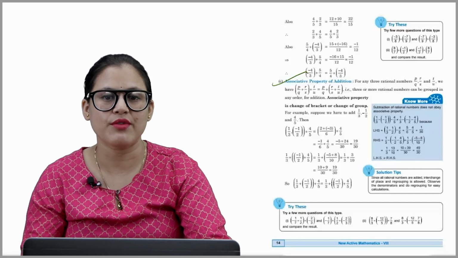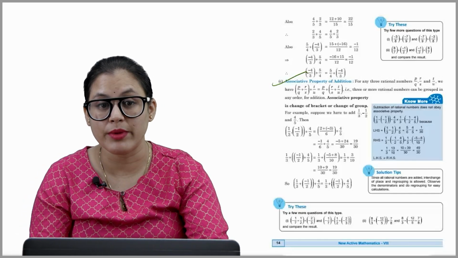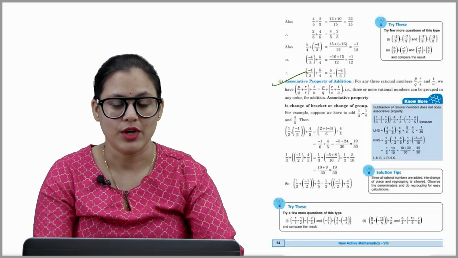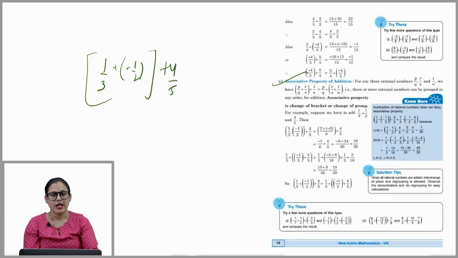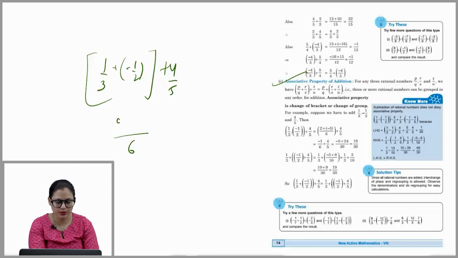For example, suppose we have to add 1 by 3, 1 by 2, minus 1 by 2 and 4 by 5. So 1 by 3, then we will add plus minus 1 by 2 and then plus 4 by 5. So what will we get? 6 is the LCM, 2 minus 3, then plus 4 by 5, minus 1 by 6 plus 4 by 5.